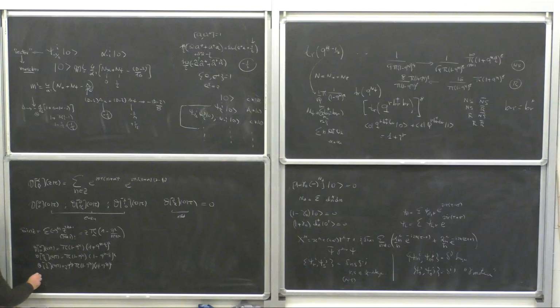Now, theta 1/2, 1/2, if you were to compute it with a non-zero entry z, it would be non-zero. It just vanishes at the origin. Okay?